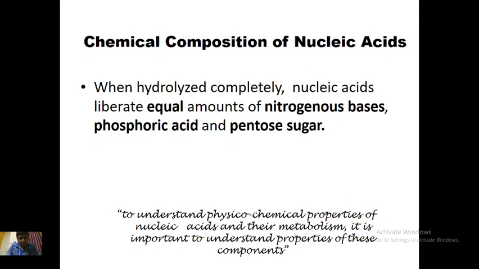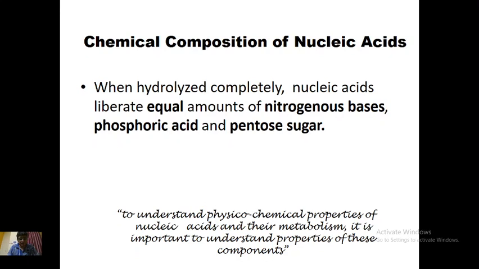Chemical composition of nucleic acids, whether it is RNA or DNA, we are talking about nucleic acids. When hydrolyzed completely, nucleic acids liberate equal amounts of three components, three chemical species. First of all, nitrogenous bases, phosphoric acid, and pentose sugar in equal amount.